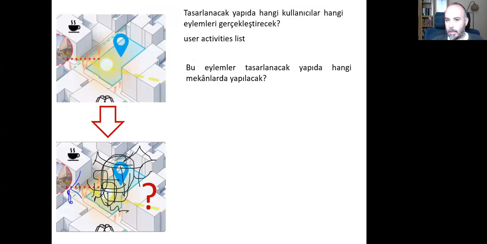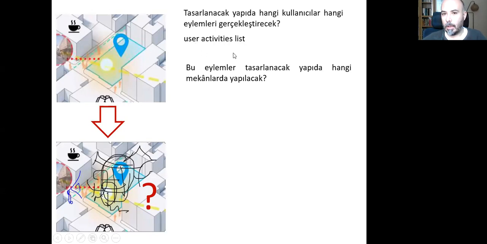We can try to answer this question: in the building that we are going to design, or let's say the living spaces that we are going to design, which users or user groups will do what kind of activities?